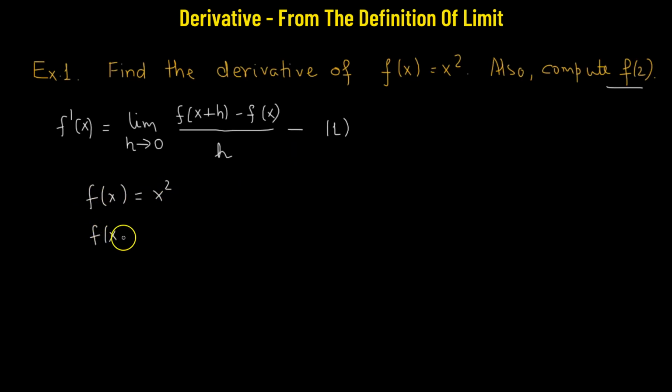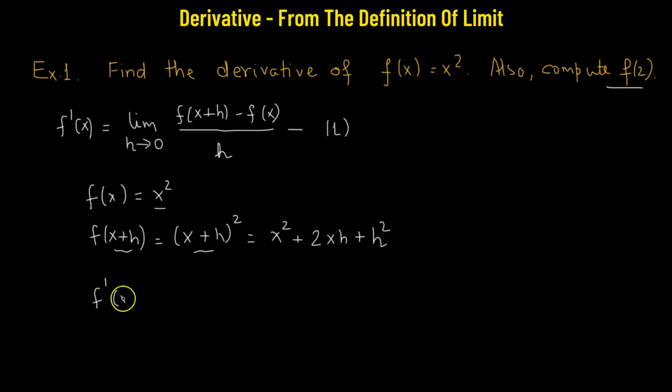Now we already have f of x, which is given by x squared. So f of x plus h will be equal to x plus h whole squared. All we have done is replace the value of x with x plus h. When we expand, this is a simple identity, a plus b whole squared. So this will be x squared plus 2 times x times h plus h squared. Now let's substitute this value into equation number 1.